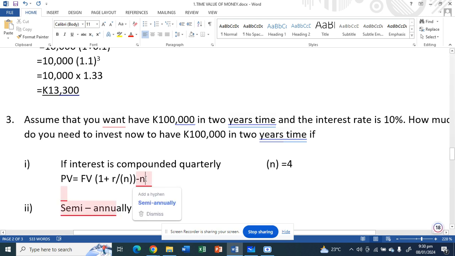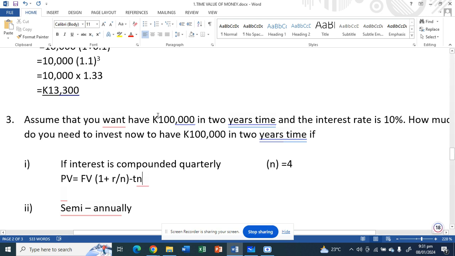But for simplicity's sake, this N, let me make it as T so that you just make life easy. T is the time here. So R divided by N, the number of compoundings, and the time, you're going to multiply it by the number of compounding.